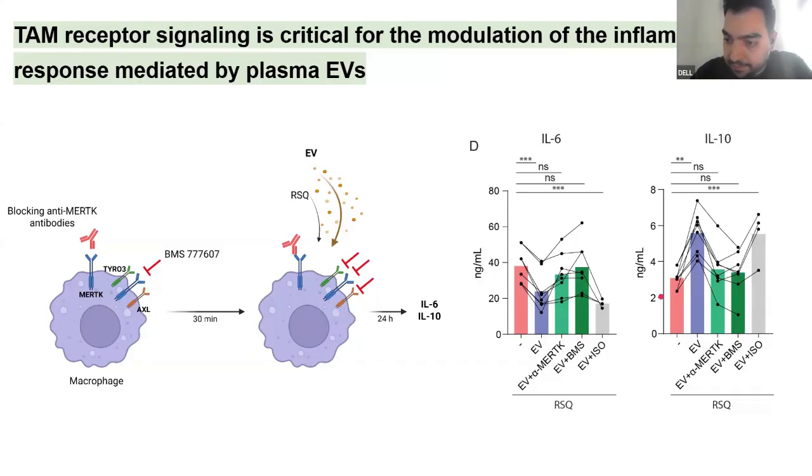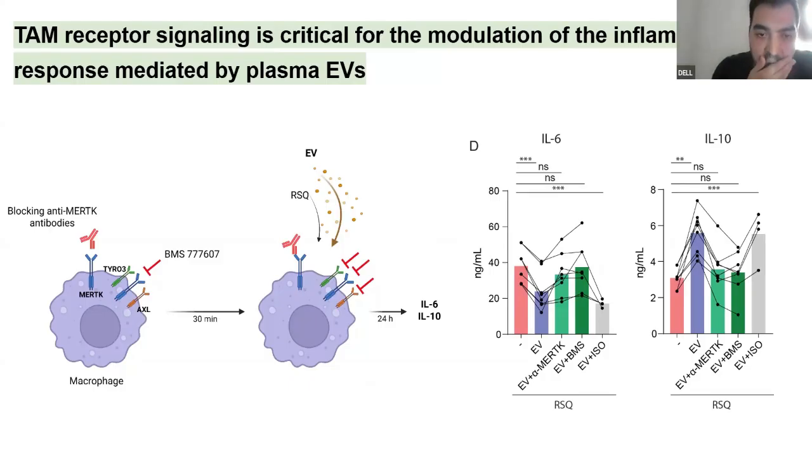So this indicated that TAM receptor signaling is critical for the modulation of the response mediated by the plasma EVs.